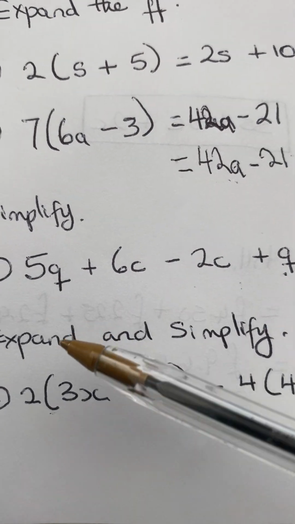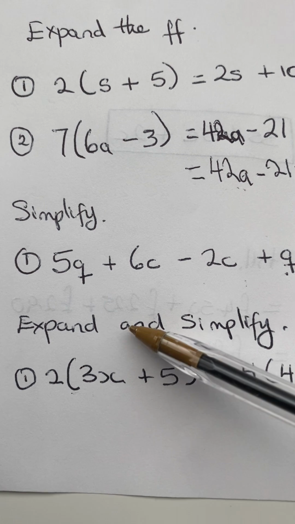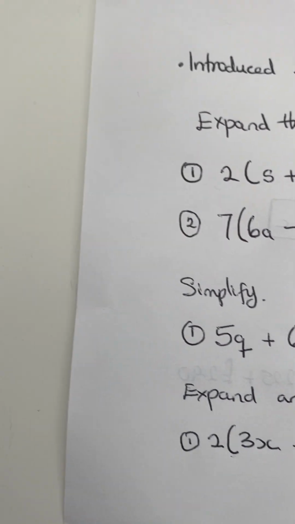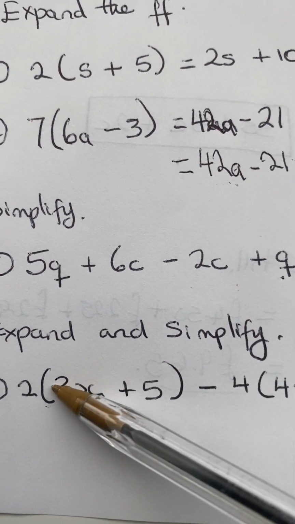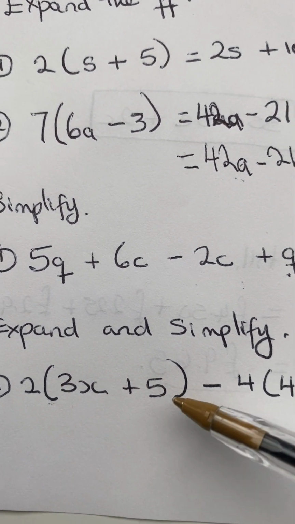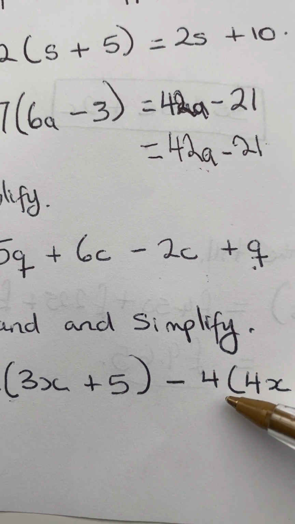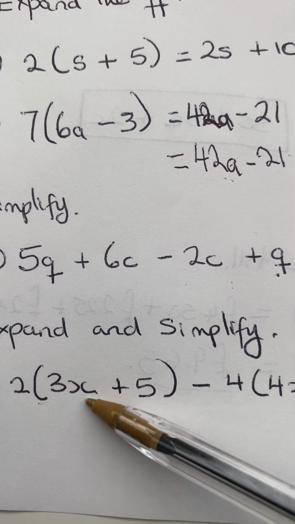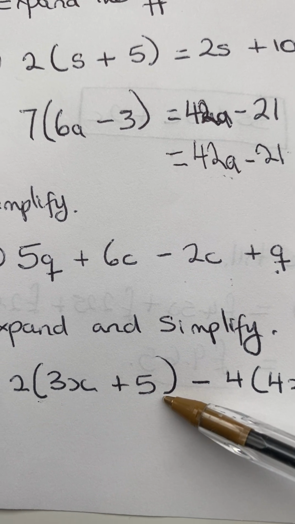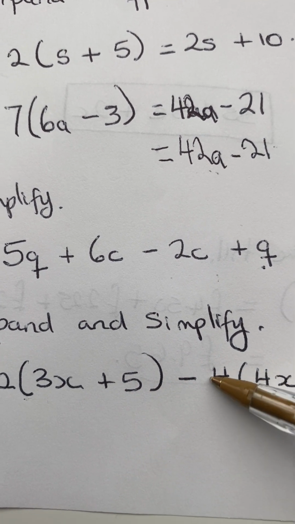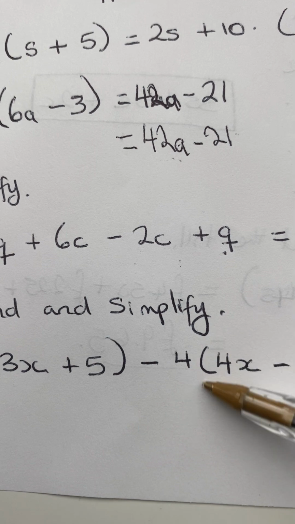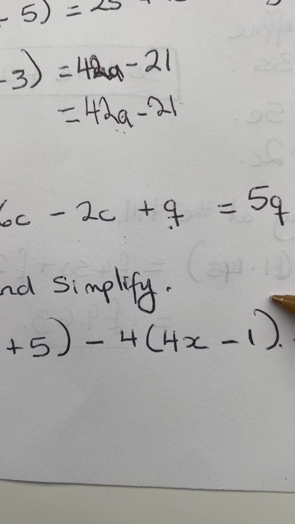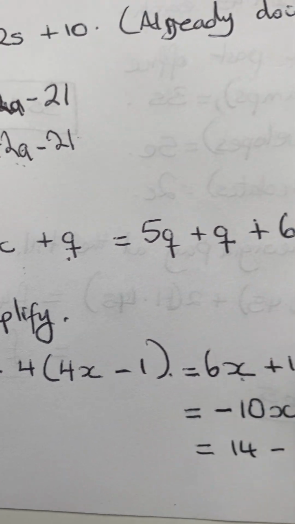So here is an example of expand and simplify. They've given you 2 into bracket 3x add 5, minus 4 into bracket 4x minus 1, close the bracket.